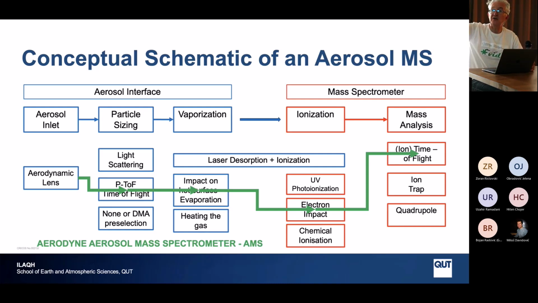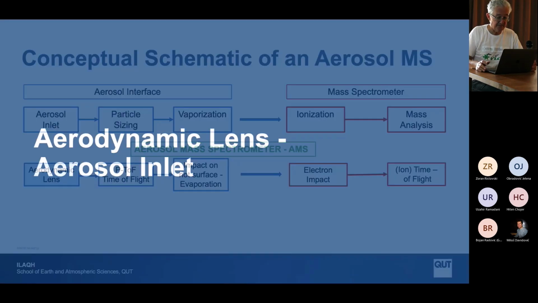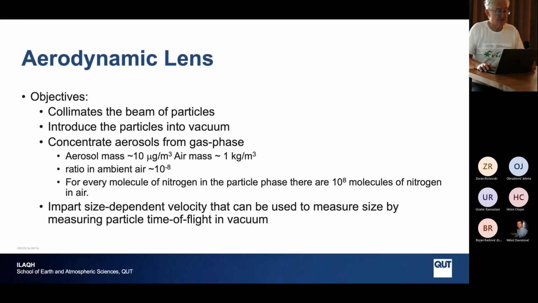So that's the path of the most commonly used aerosol mass spectrometer currently on the market. Let's first cover each of these units. How does an aerodynamic lens work? The objective of the aerodynamic lens is to collimate the beam of particles and concentrate the particles.